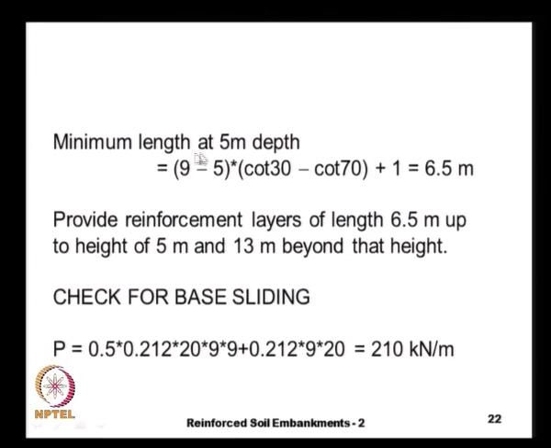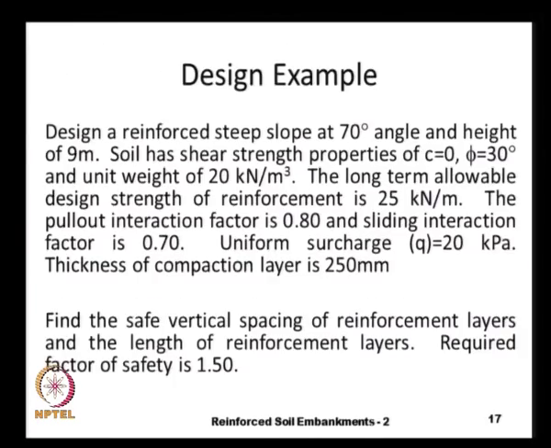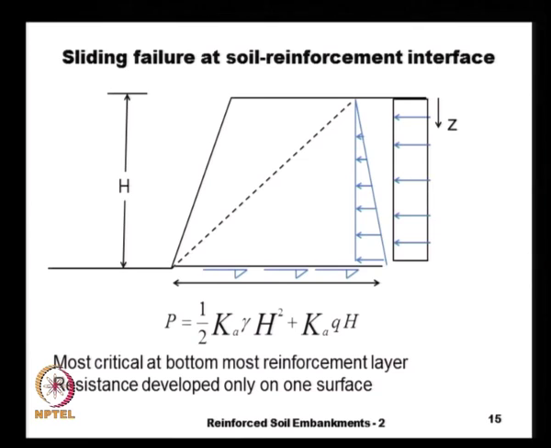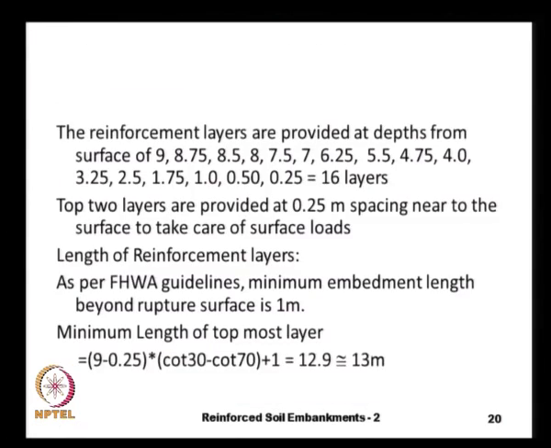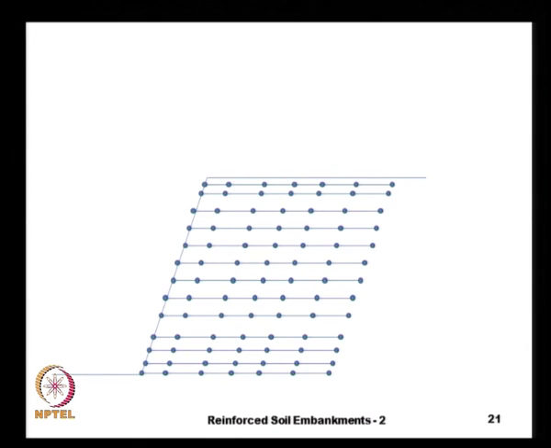Let us say at 5 meters depth, somewhere midway through, it is only 6.5 meters. So let us aim for a lower length of 6.5 meters in the bottom portion, because the length of embedment is going to be very, very high if we provide the full 13 meters, and we can try to economize by providing a shorter length of reinforcement in the bottom portion.